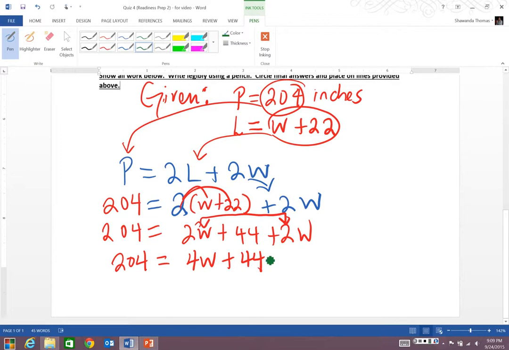Now we need to solve for W. Let's subtract 44 from both sides. 44 minus 44 cancels out. 204 minus 44 is 160 equals 4W. Divide by 4.